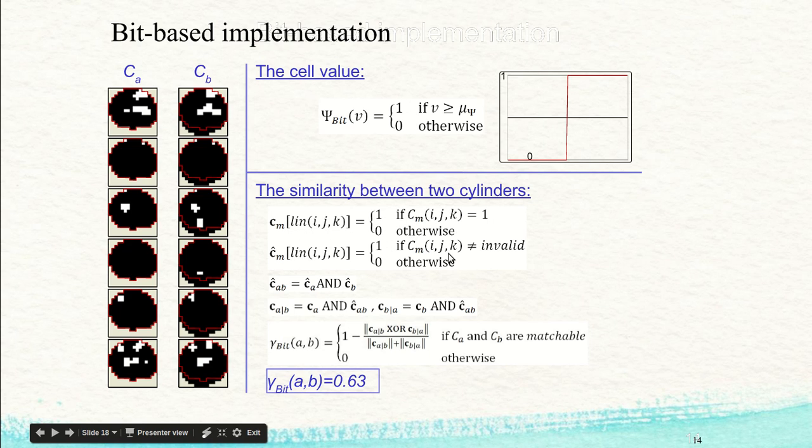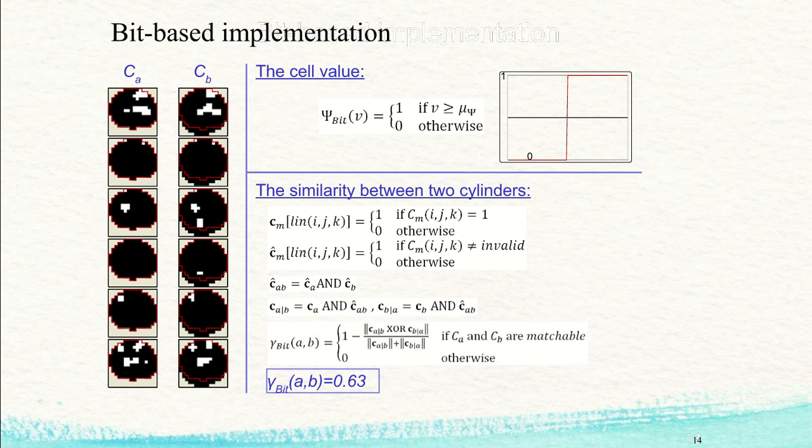We have talked about validity: every cell is not valid, there are some conditions according to which they are valid. If it is valid, then we give a 1, else 0. Now we calculate the value CAB as CA AND CB, from the same formula, just derived in a different form to calculate it bitwise.